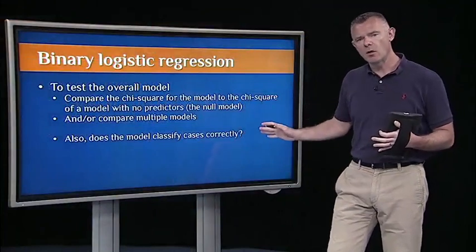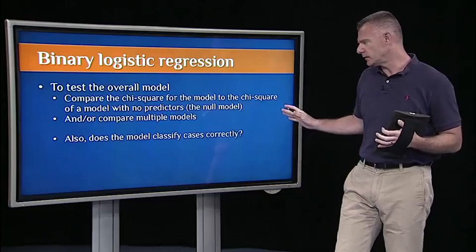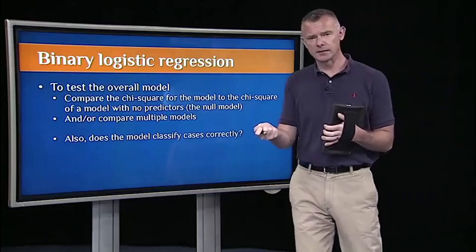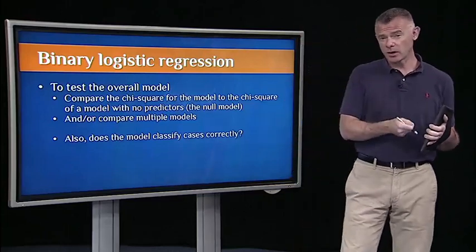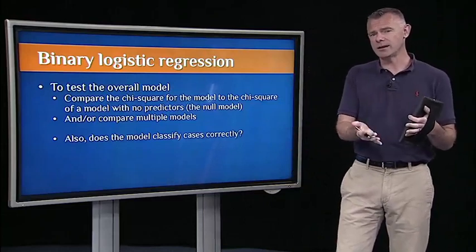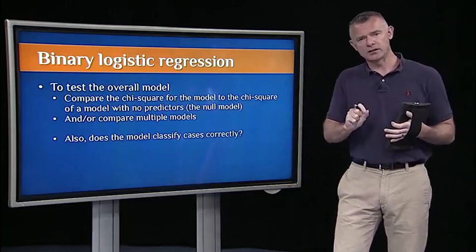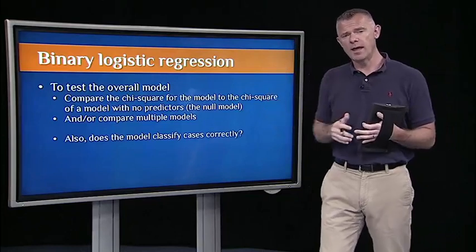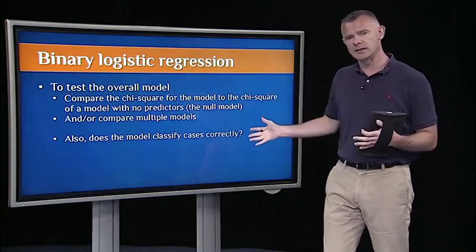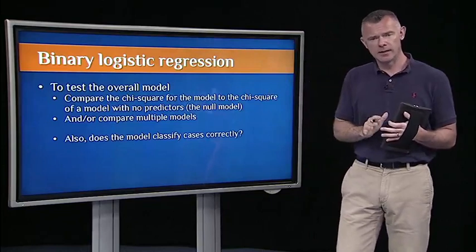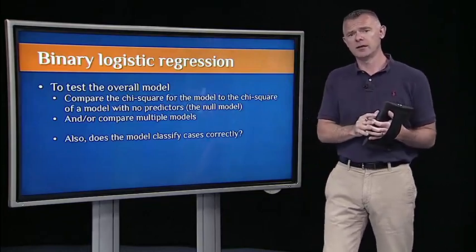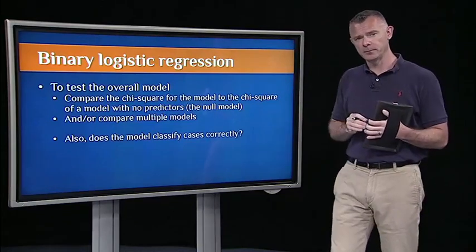Another way to test the overall efficacy of the model is to see how well it classifies cases. We can make a prediction about each individual case in our data set as to whether it's a 0 or a 1, and then look at the percentage of cases classified correctly. That's another way to assess the overall fit of the model.